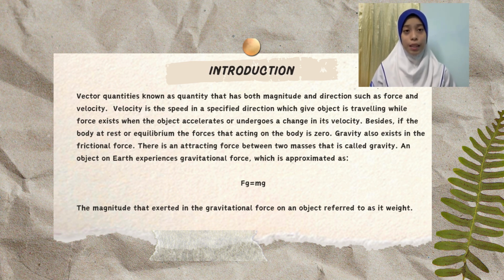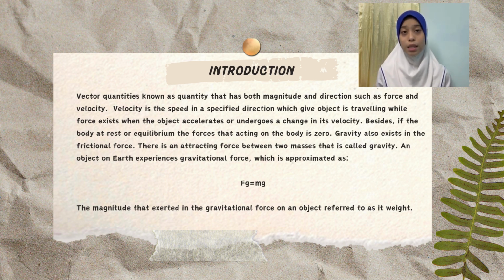Velocity is the speed in a specified direction which an object is traveling, while force exists when the object accelerates or undergoes a change in its velocity. Besides, if a body is at rest or in equilibrium, the forces acting on the body are equal to zero.